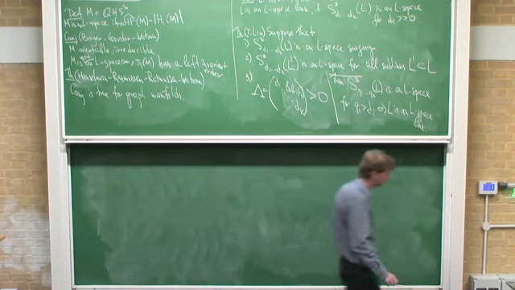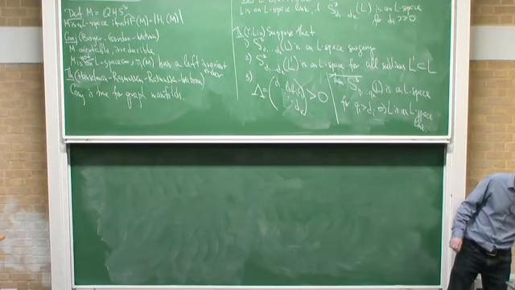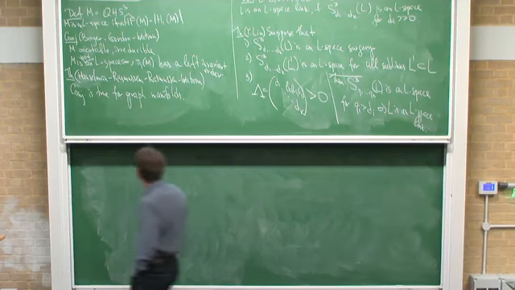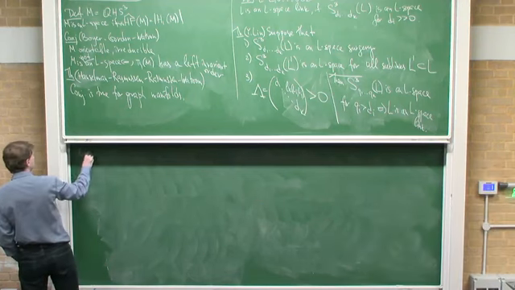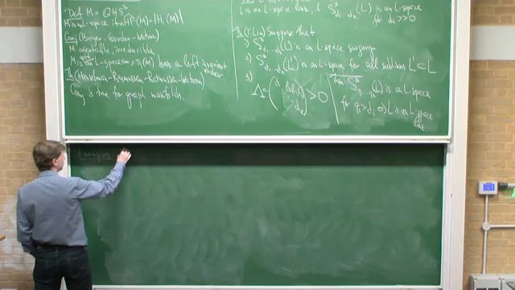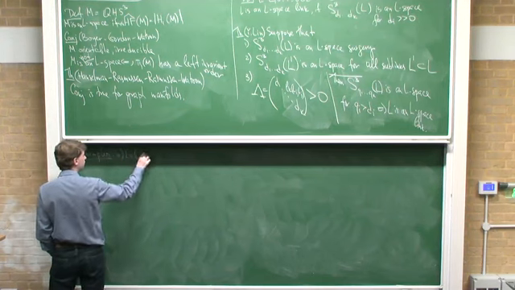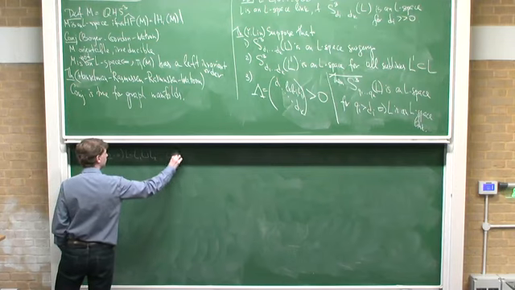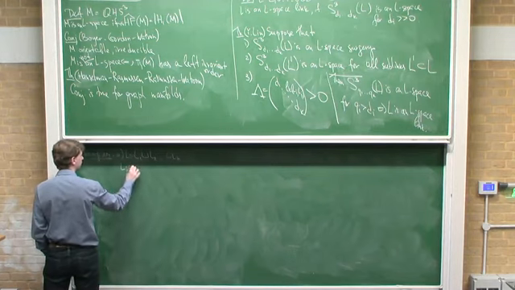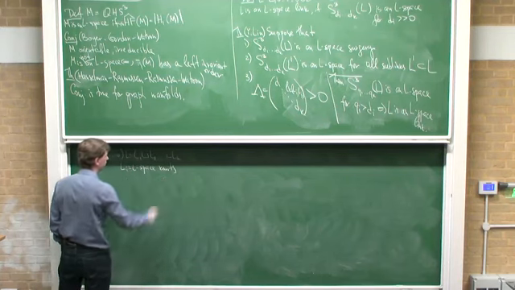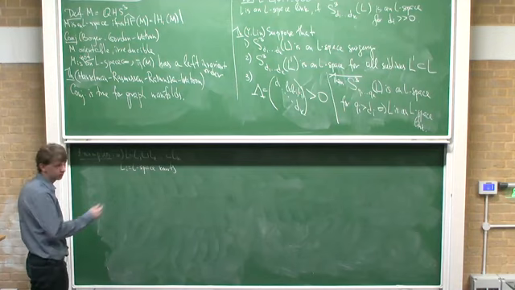So here are some nice examples. Example number 0: if I have a disjoint union of L space knots Li, then this is an L space link.